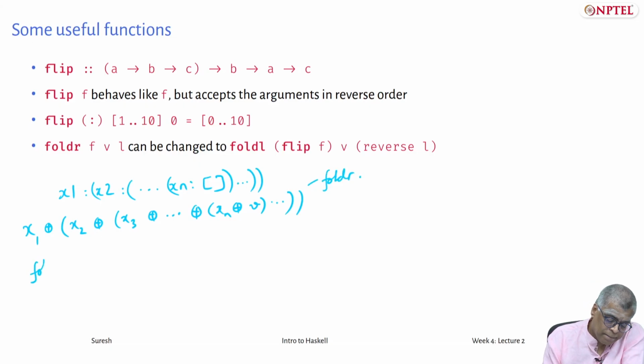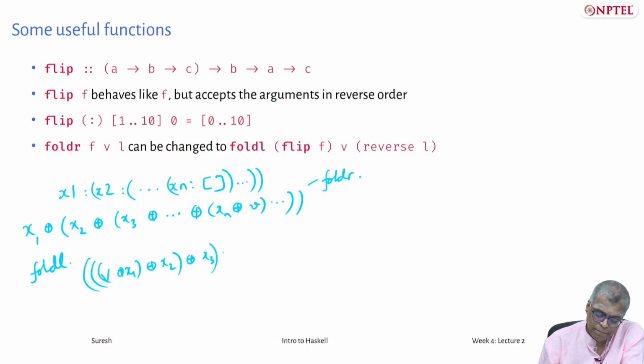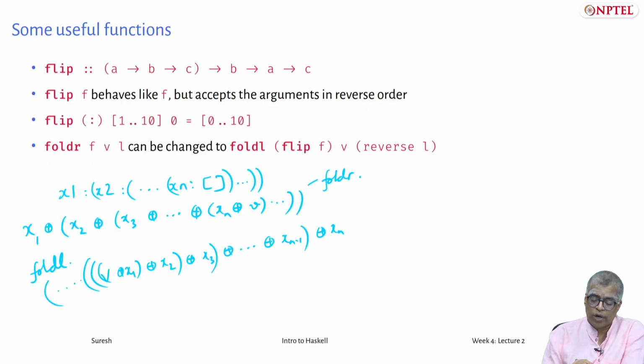Foldl will produce v applied on x1, then that applied on x2, that applied on x3, finally applied on xn. This is what foldl will do.